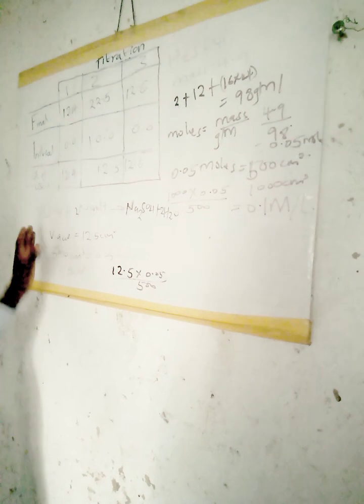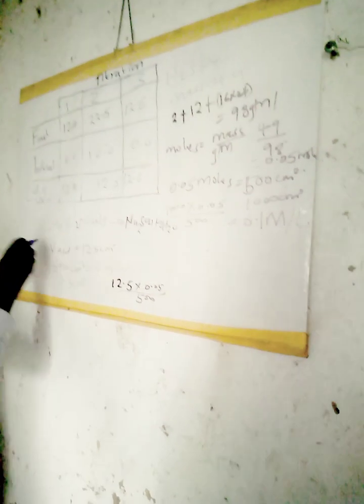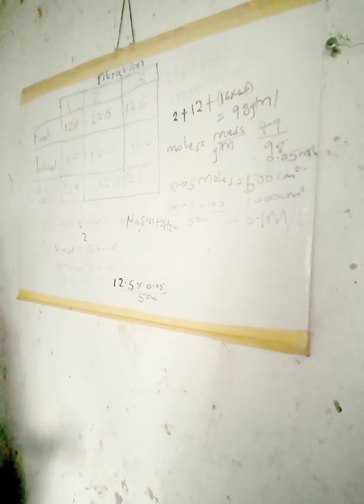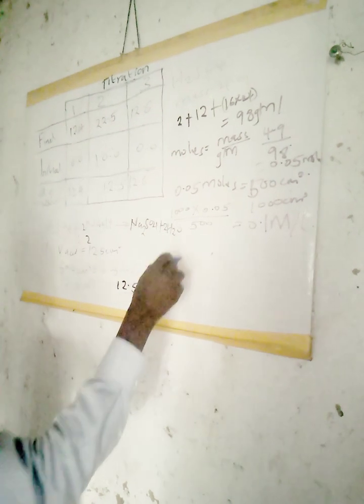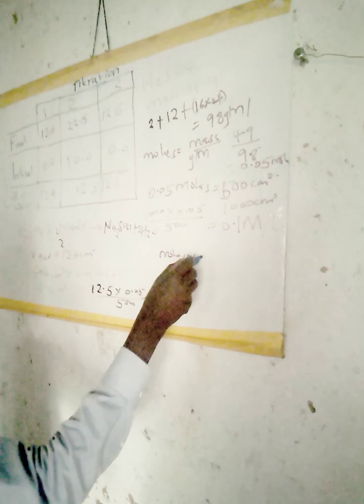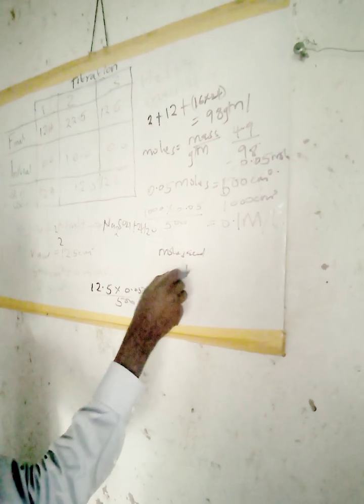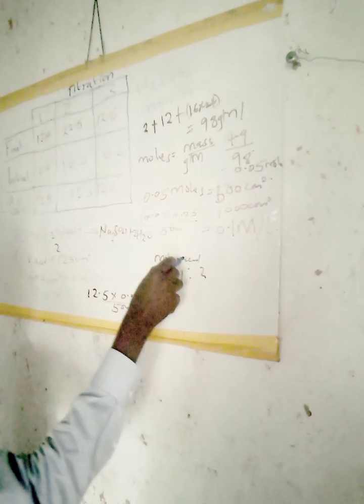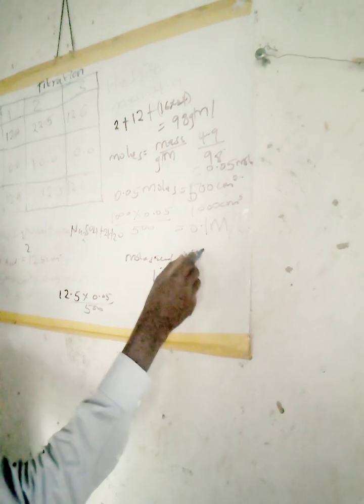So here we just use the mole ratio. So here it is 1:2. So you just say if the mole ratio is 1:2, acid is 1, then sodium hydroxide is 2.